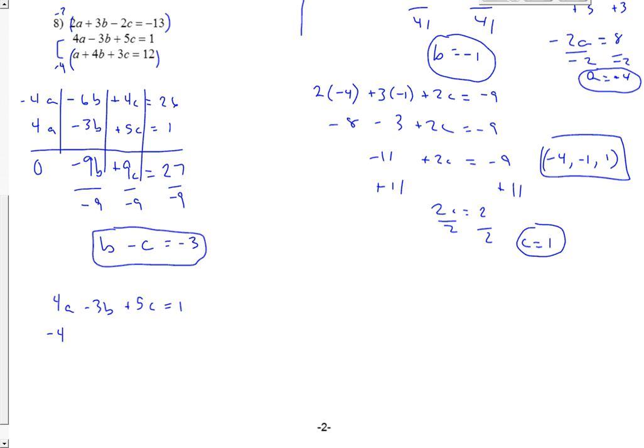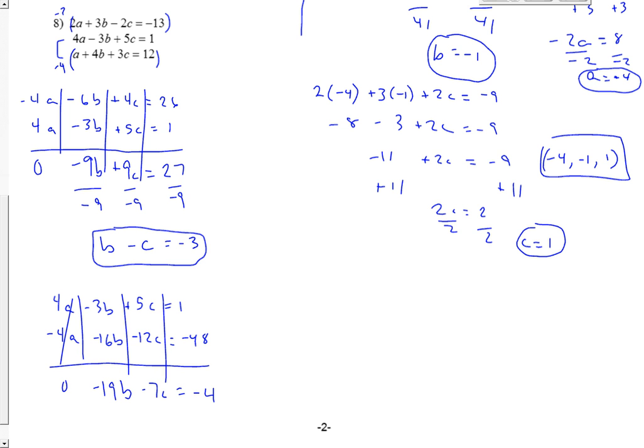And when I multiply the third equation by negative 4, I get negative 4a minus 16b minus 12c equals negative 48. So I add these together. The a's cancel. I get negative 19b minus 7c equals negative 47.